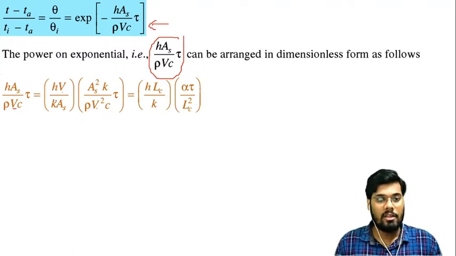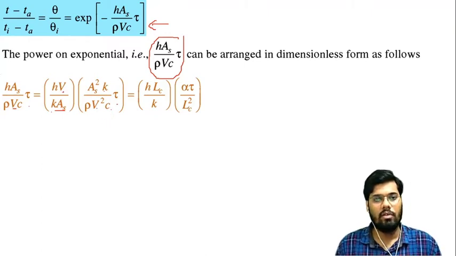We multiply by surface area and divide by surface area, so if we multiply by surface area in this term, it would become As square. Multiplying by conductivity and dividing by conductivity k. Tau is already there and c, the specific heat, is already there. Why do we do this? To simplify this equation, let's understand.